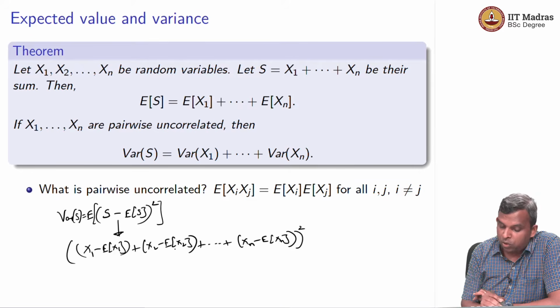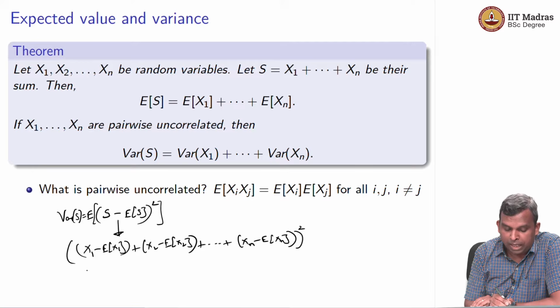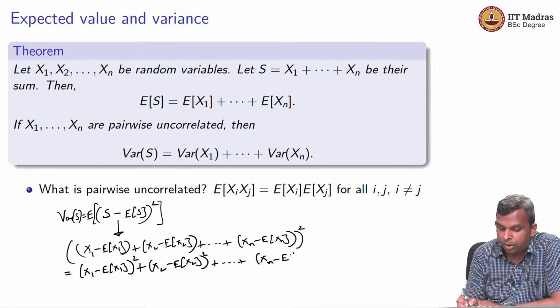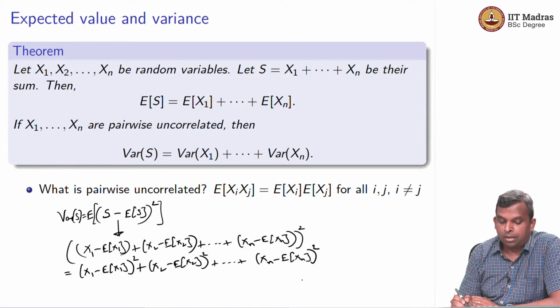Okay. So when you square a bunch of sums like this, you will have two types of expression. One type of expression will be, you will get all these guys, x1 minus expected value of x1 squared plus x2 and so on, each of them will get squared, and then you will get these cross terms. So you can write it down and multiply. You might have done this before in your life.